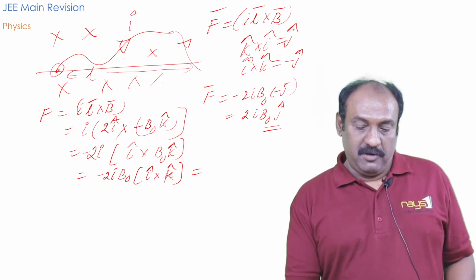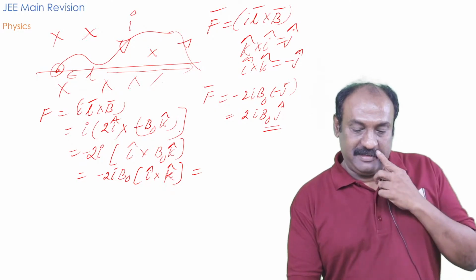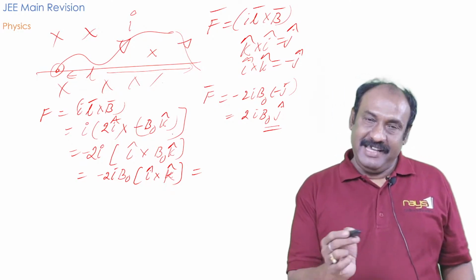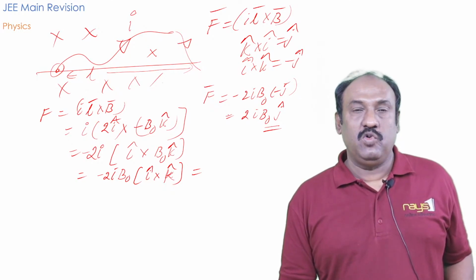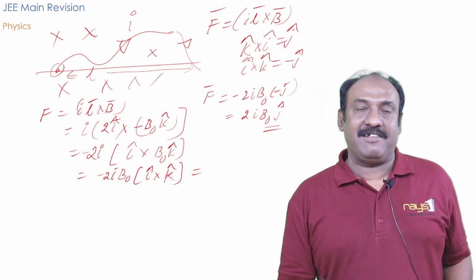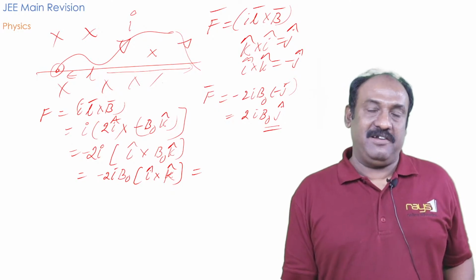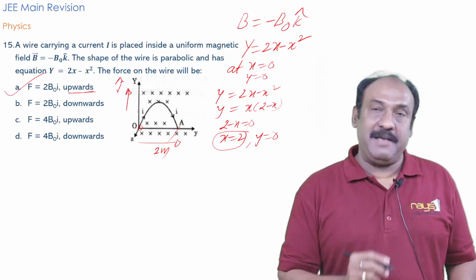So I cap cross K cap is minus J cap, minus of minus gives plus J cap. So the force vector is 2I B naught into J cap. So it acts along the positive Y direction. So the answer for this one is A.